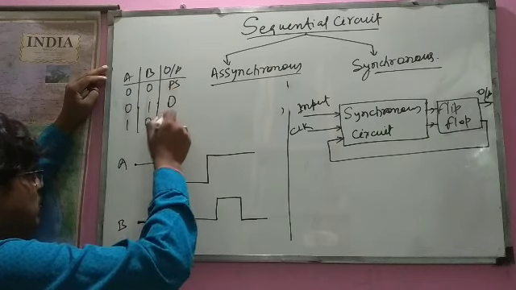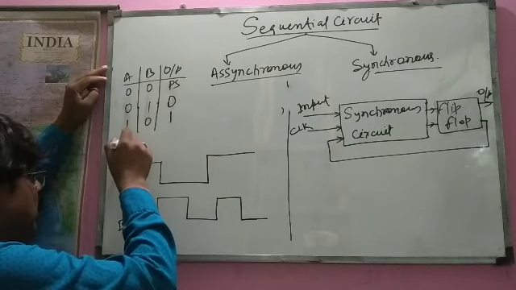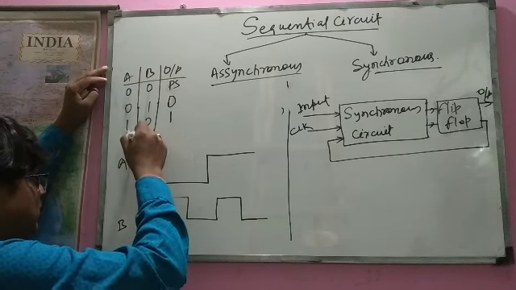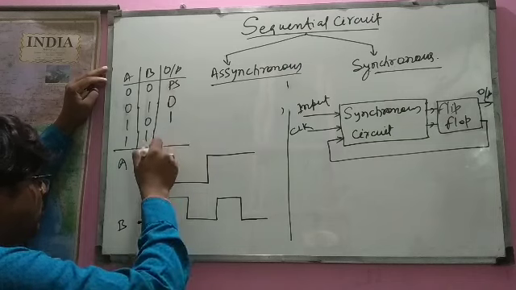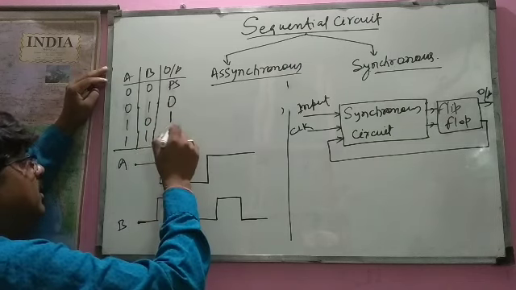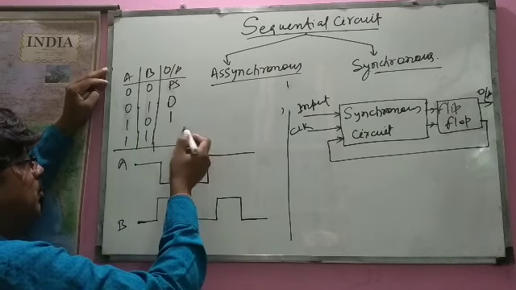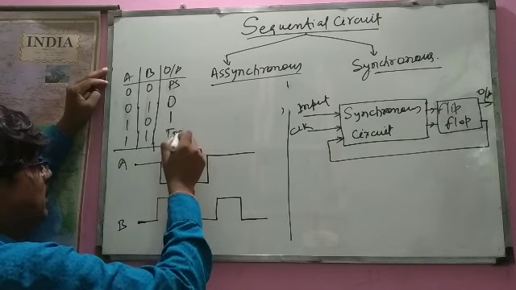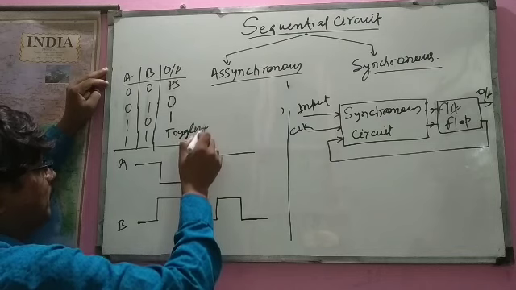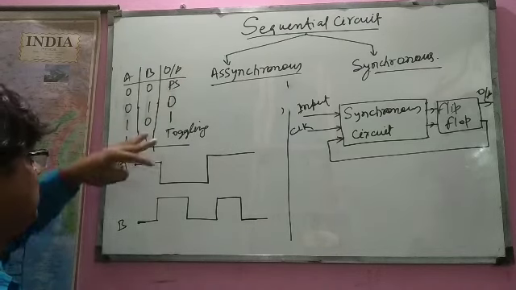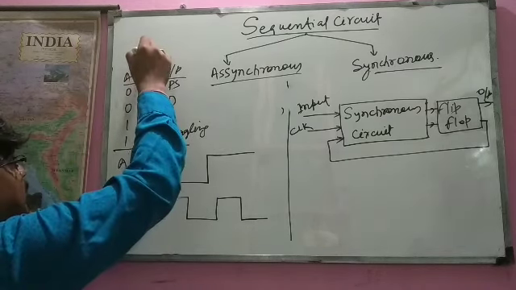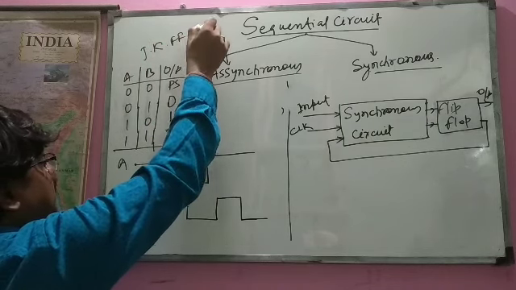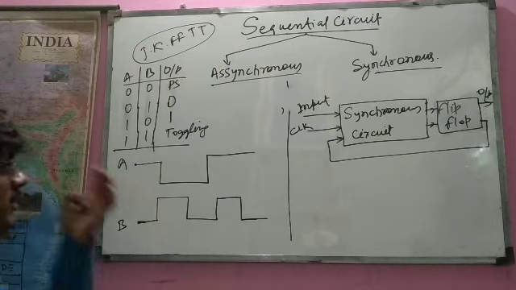If this is 1 0, its output is 1. And if both are 1 1, it will toggle the output. If the output was 0 then it becomes 1, and vice versa. Let us suppose this is toggle. We will see this in the subsequent classes. This is the JK flip-flop truth table. So this is a sequential circuit.